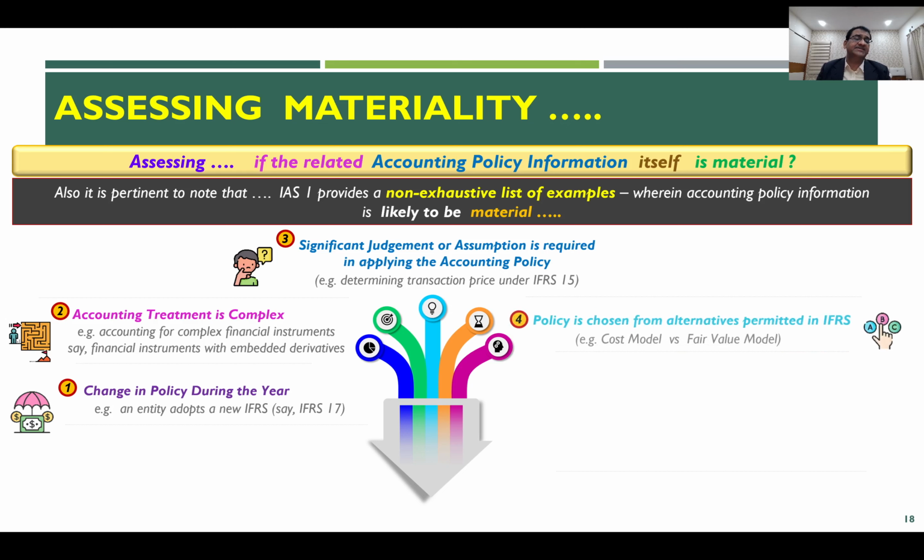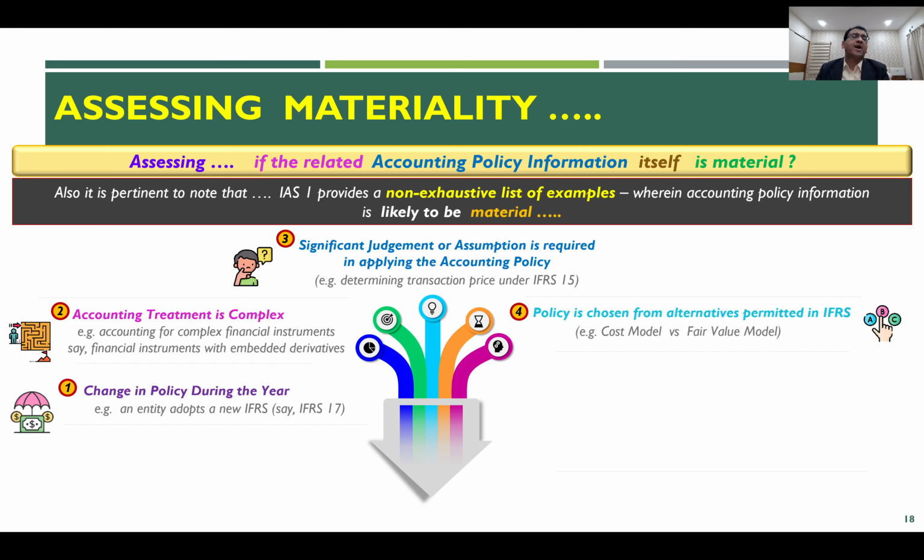The next one is if you have multiple options to be chosen within the IFRS literature. For example, if a particular policy is chosen under IFRS literature out of the alternative treatments permitted in the literature itself. For example, cost model versus fair value model under IAS 40, for your investment property.